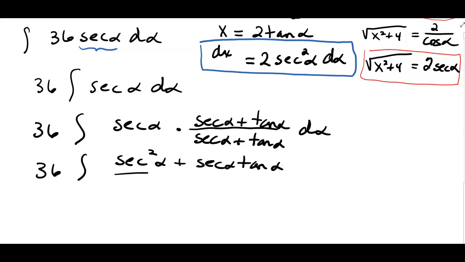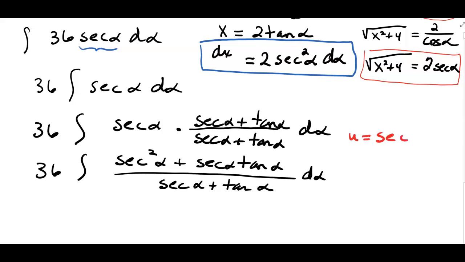And we already did this in the last lesson. This is one of those tricks I showed you that you keep in your toolbox to help you integrate. Because in doing that, if you let u equal the denominator, you can see real quick that the numerator is right above you, because the derivative of secant is secant tan, and the derivative of tan is secant squared.